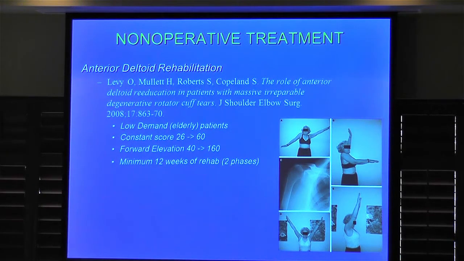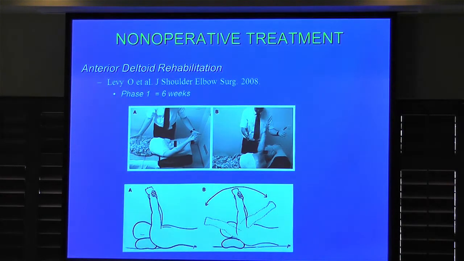And you could see in this patient before her 12-week rehab, she had pseudoparalysis, which means you can't actively lift the arm up to shoulder level. And then after 12 weeks of focused anterior deltoid scapular rehab, she can get full forward elevation. And the way you go about doing this is for phase 1, first 6 weeks, we're working on range of motion.